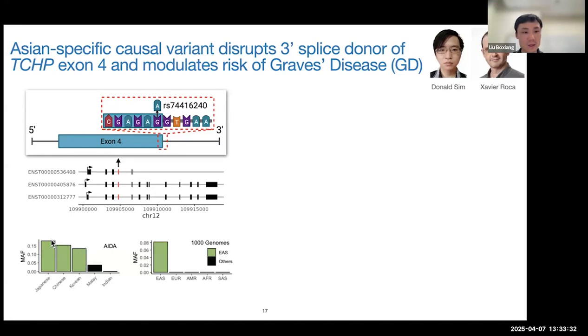As you can see, in East Asian populations the allele frequency is quite high, but it decreases in the Malay population and then disappears in the Indian population, right? We can also validate this using 1000 Genomes, where we found that there is sufficient allele frequency for this variant in the East Asian population, whereas this variant disappeared in European, Native American, African, and South Asian populations.